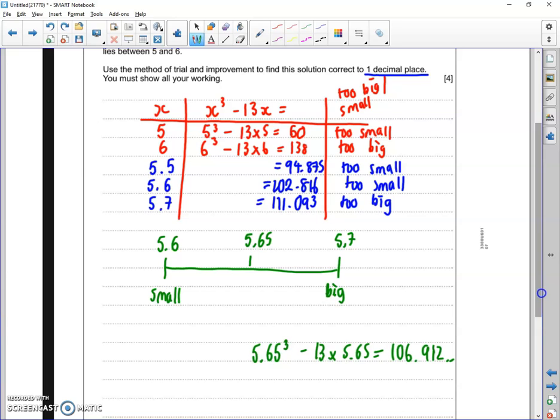Remember, we're aiming for 107, so that is too small. Which means if we were going to continue to look, we would go bigger than 5.65. We would go to the right on the number line. So our answer to one decimal place is 5.7, and I'll just put in brackets underneath to one decimal place. You've got to do this calculation at the bottom for 5.65 to get all of the marks.